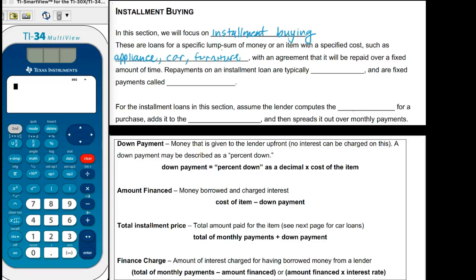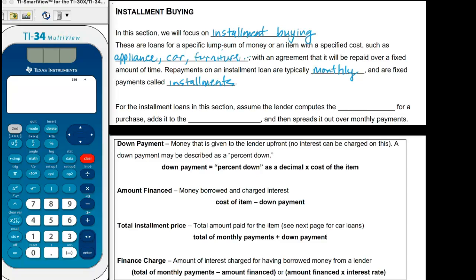So think big purchases, a computer, where they can't purchase the whole item in cash. And so they enter into an agreement with a lender where they purchase the item and then make payments on it over a fixed amount of time. Typically, these payments are monthly, and these fixed payments are called installments.